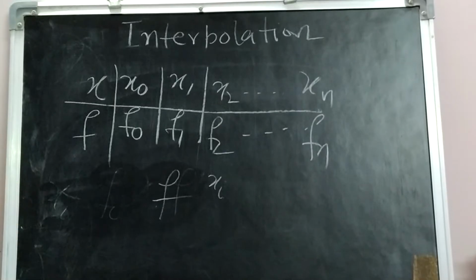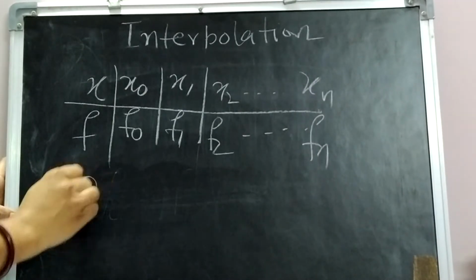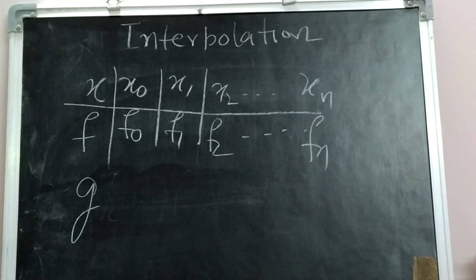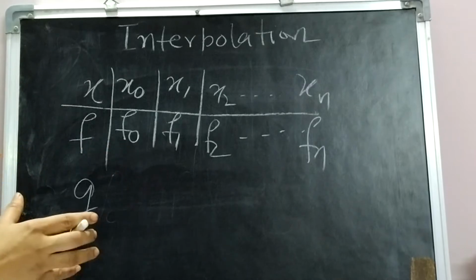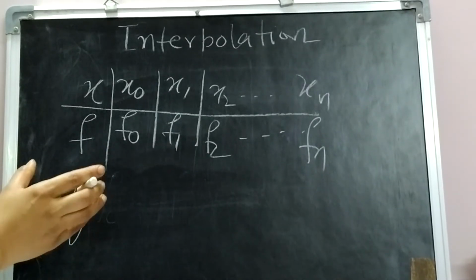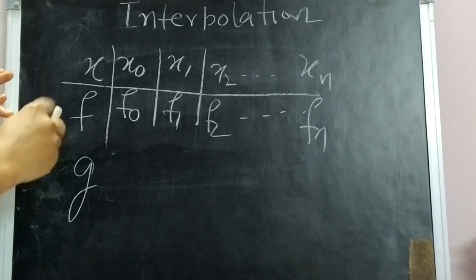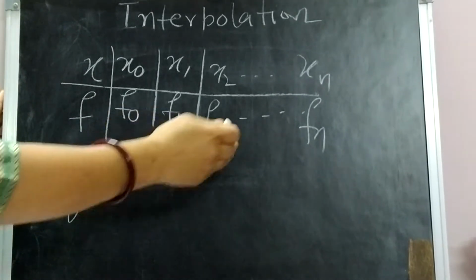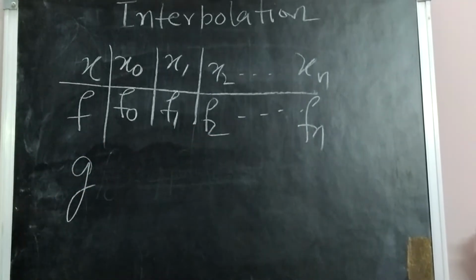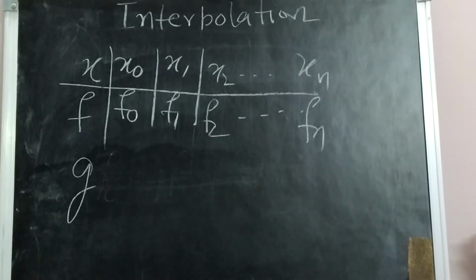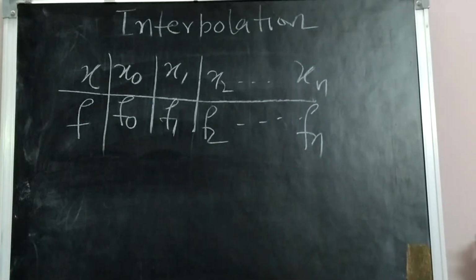Put another way, we have to determine a function g that in some sense approximates this data. If we are able to identify a function which reflects this data, then for any intermediate value, or any value lying outside, we can substitute it into the function and approximate the value of the function.